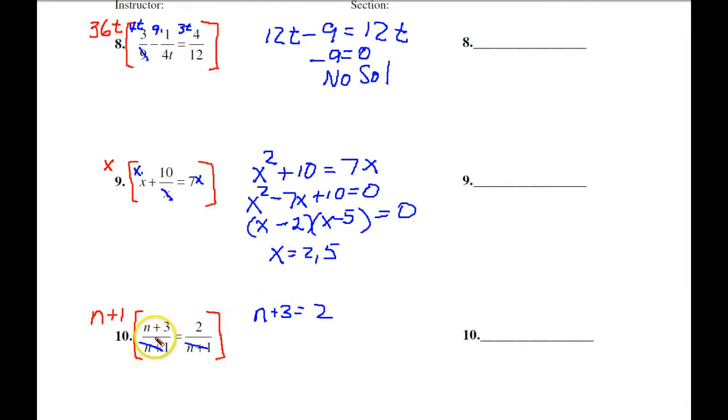Now here, when we do this, we're going to get x equals -1. Now notice, if we put a -1 in our denominator here, it's going to make it a 0. So even though we ended up with an answer, there is no solution for this, because our -1 makes our denominator a 0.